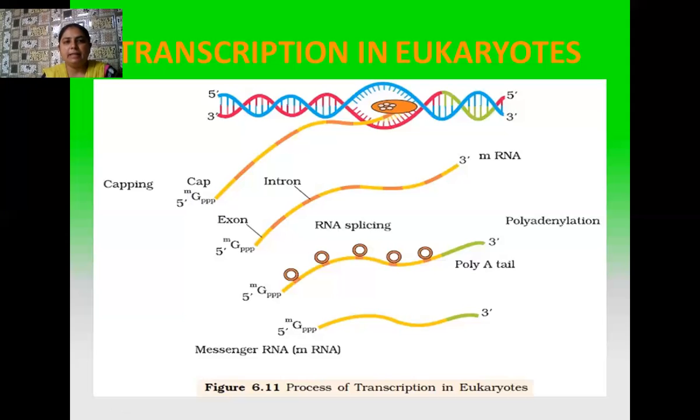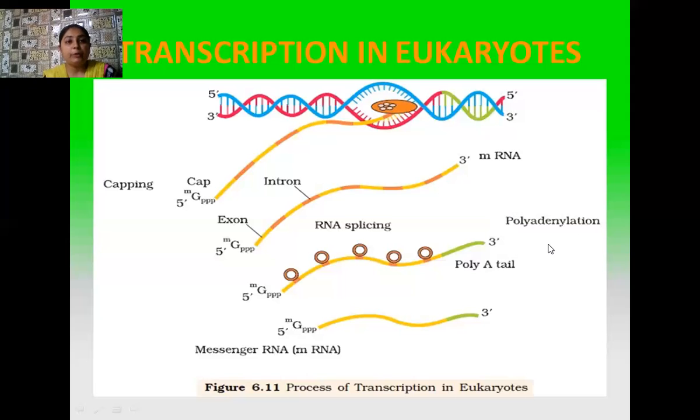So this is methyl guanosine triphosphate. Its addition takes place at the 5' end of the messenger RNA, and this process is called capping. And later, in the third step, known as tailing, what happens? Around 200 to 300 adenylate residues are added at the 3' end, and this is known as polyadenylation, or you can say tailing.